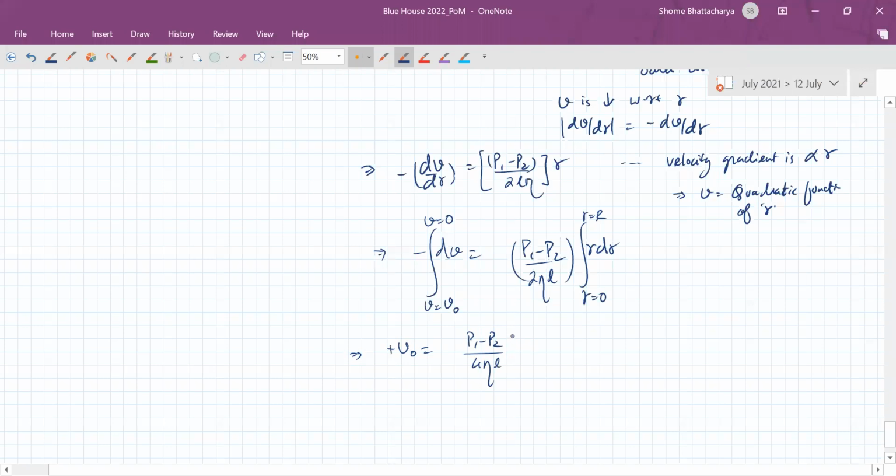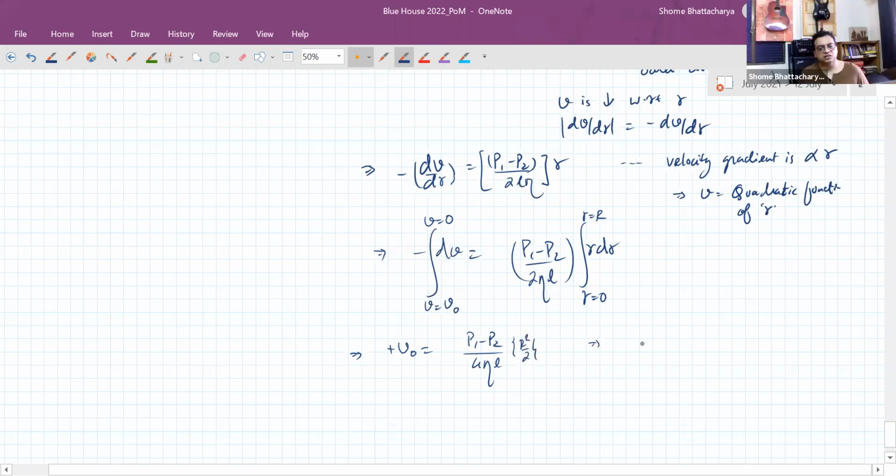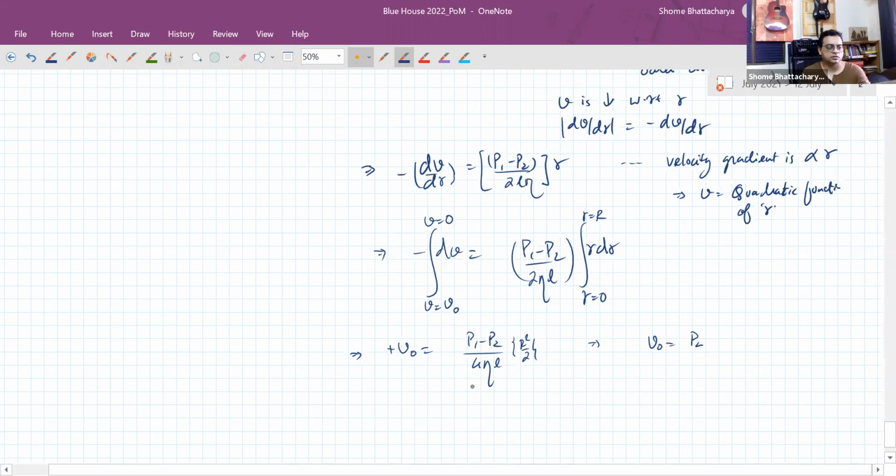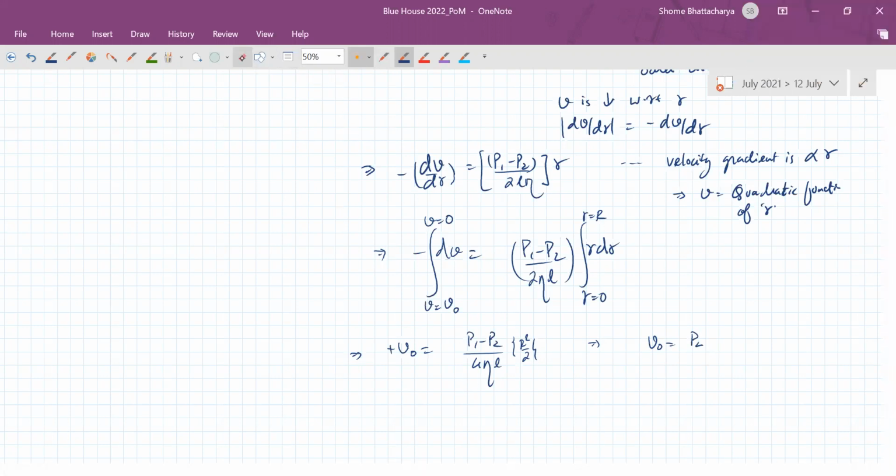Here we'll get this into r square by 2. So there is this relation between these. Sir, only R square, right? Only R square, I have taken, yeah. That should be 2 over here. This one.